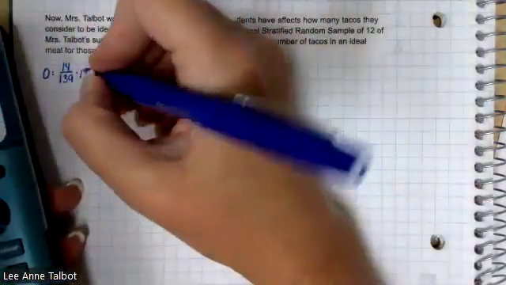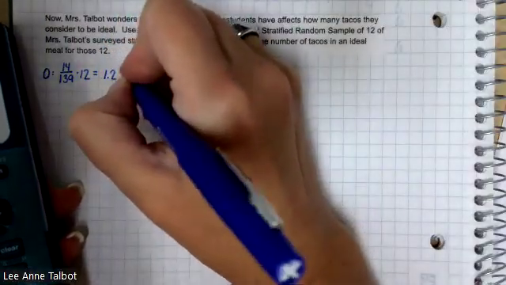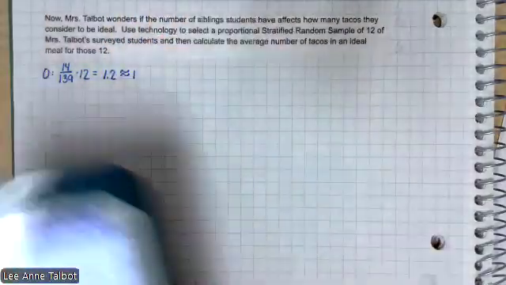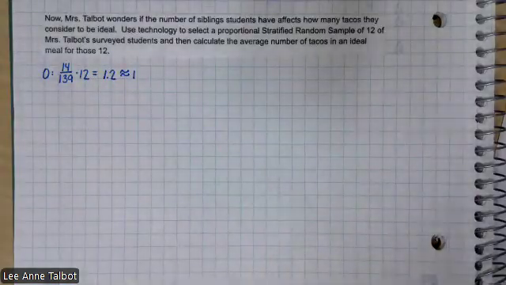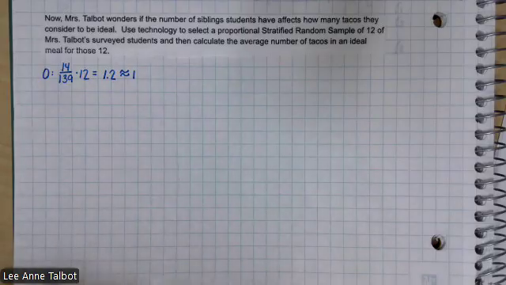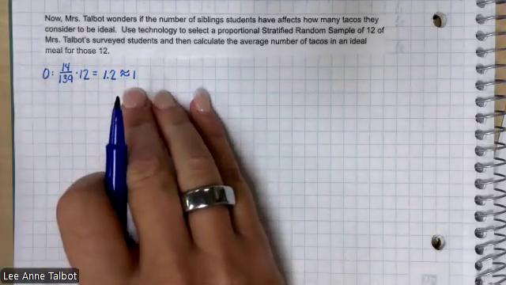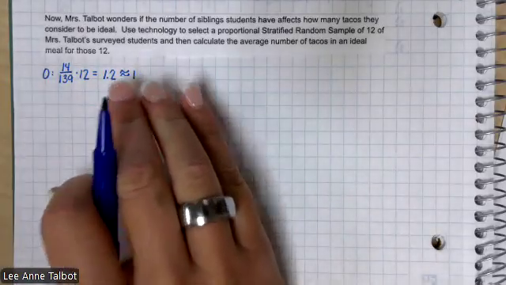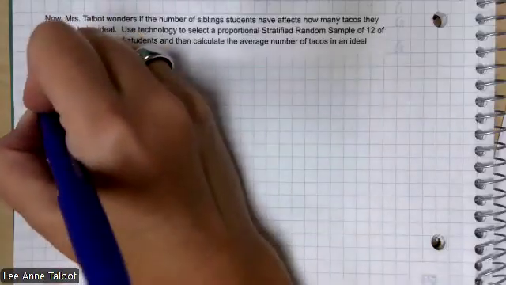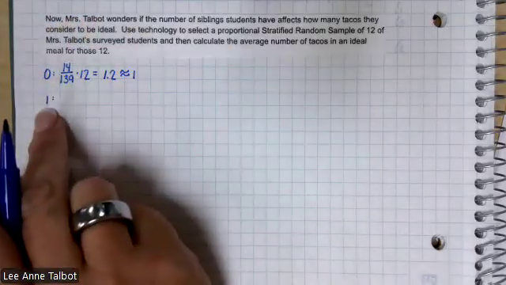Okay, and what you're going to do is you're going to round that to the nearest whole number because you have to sample like 1 person or 2 people or 3 people. You can't sample half people. Okay, now from here on out, can you guys trust my math that I already did before class just for speed purposes? Okay, so in strata 1, that means how many people have 1 sibling?